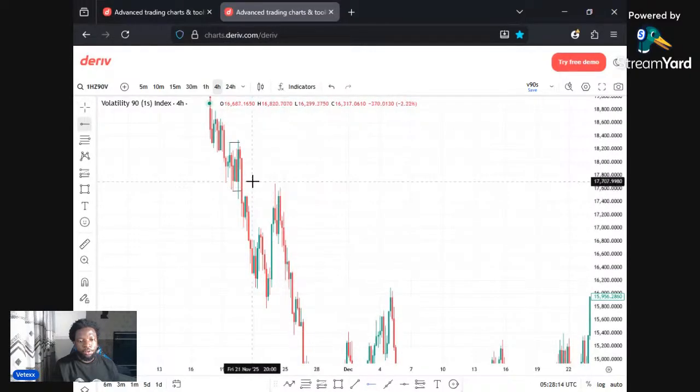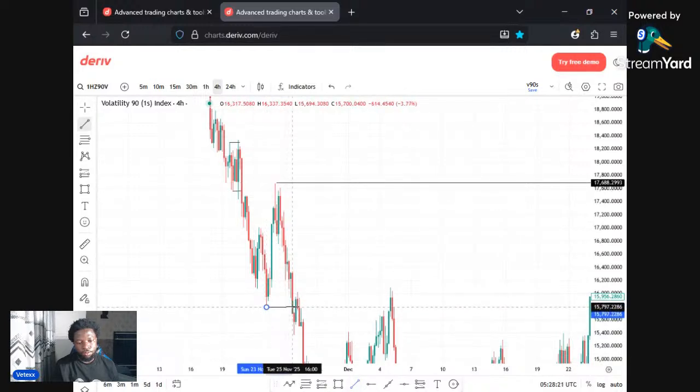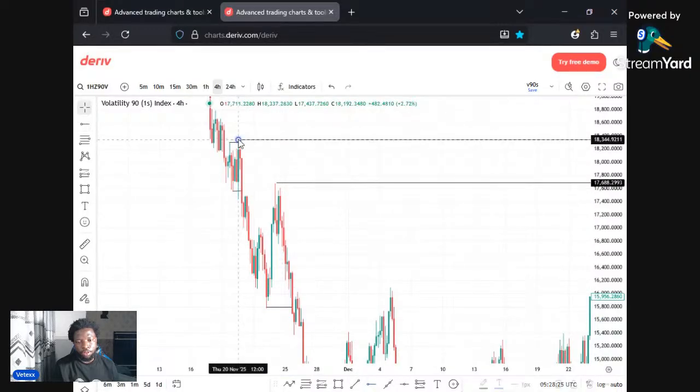And this is rule number three, structural liquidity. Rule number four, second break of structure. And this zone becomes our point of interest, our protected high.